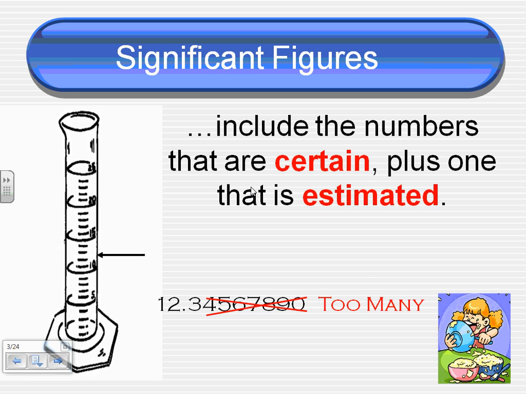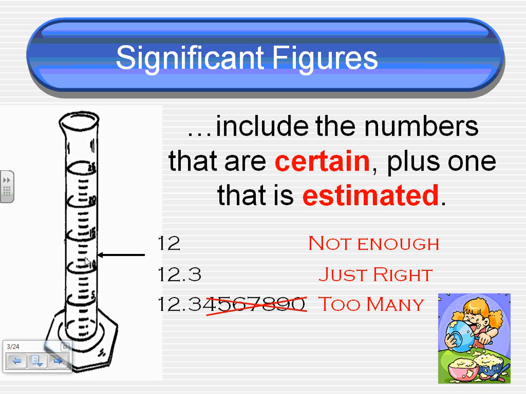So if you look at this graduated cylinder here on the left, you notice that it's marked off in ones. So if we look at right where this arrow is, all right, we know that it's too much if we include all of these numbers afterwards. If we just said 12 though, that's not enough. Even if it was right on that line where it said 12, you cannot just put 12.